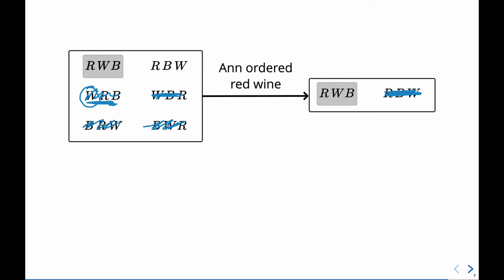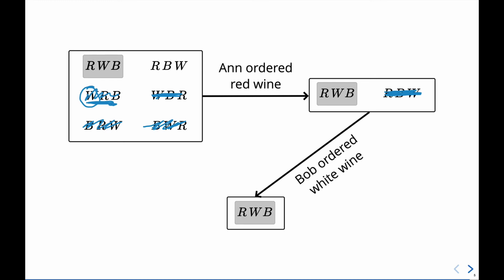And so the waiter updates his or her uncertainty set. And finally, now we can really see visually here why the waiter doesn't need to ask an additional question, who ordered the beer? Because all of the waiter's uncertainty is removed, and all that remains is the single possibility in which the waiter is certain that Anne ordered red wine, Bob ordered white wine, and Carla must have ordered the beer.